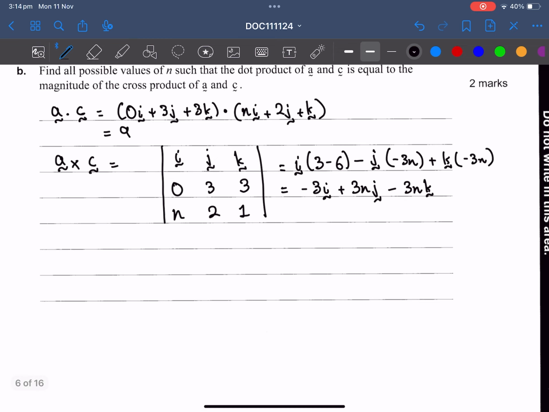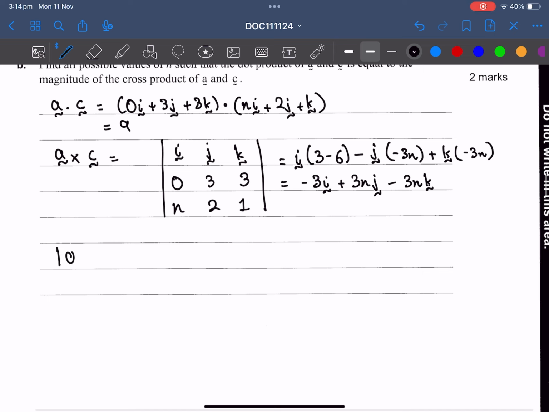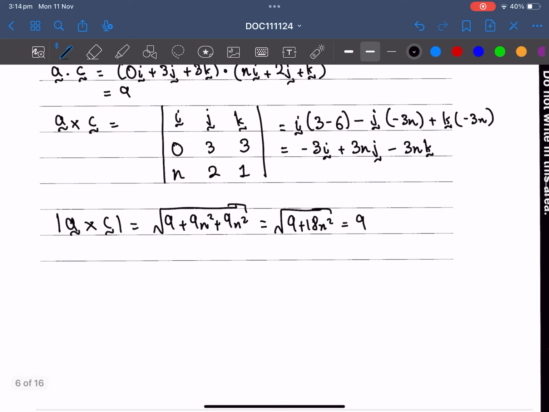And we'll find the magnitude of the cross product that we just did. So that is going to be 9 plus 9n squared plus 9n squared, which is 9 plus 18n squared, which has to equal 9.